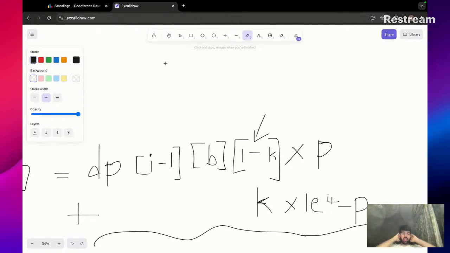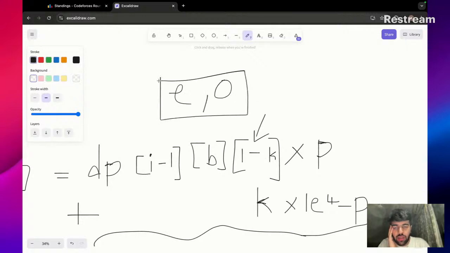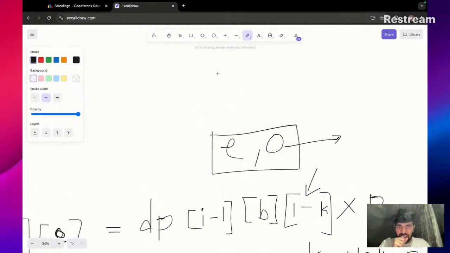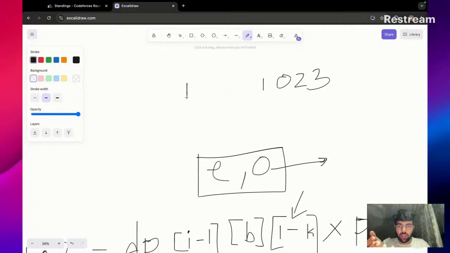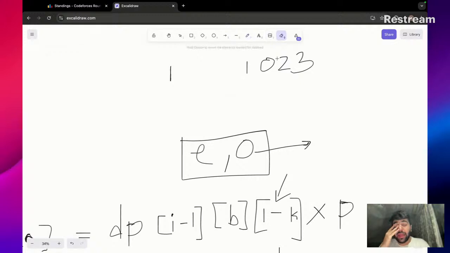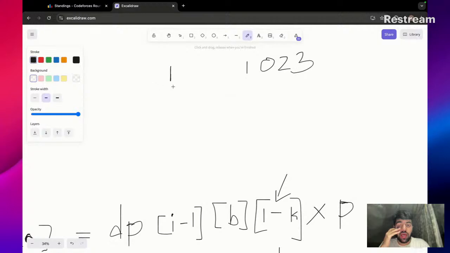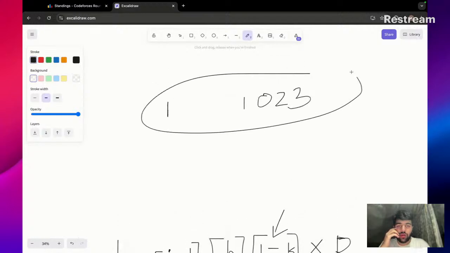And then we have to get even and odd counts, right? And after getting them for even and odd, you just iterate from 1 to 1023. It's just literal brute force. In the end I get the frequency of these. So now I iterate over this thing and multiply by n.